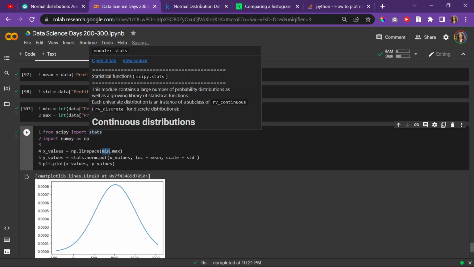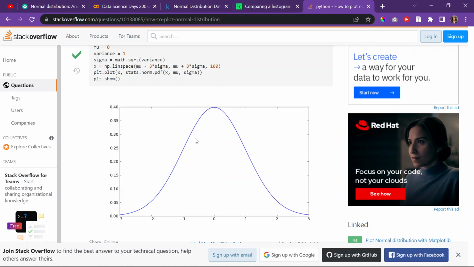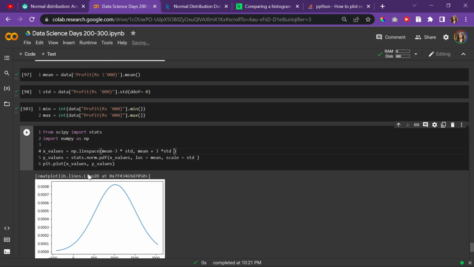So mean minus 3, and they multiplied by sigma. Interesting. And then mean plus 3 times sigma. Is that what they did specifically? 3 times sigma. Oh yeah, because it's the third one. Okay, that makes sense.